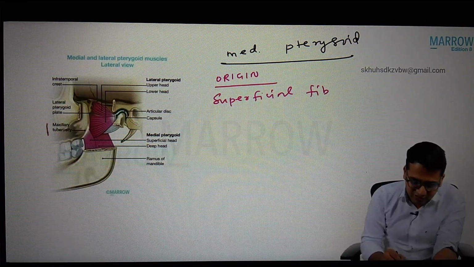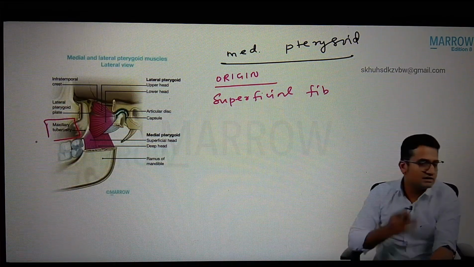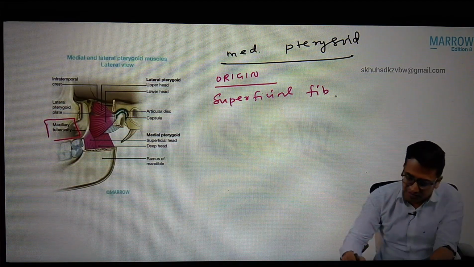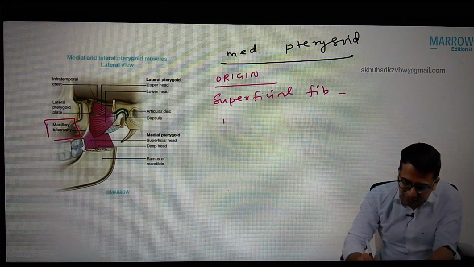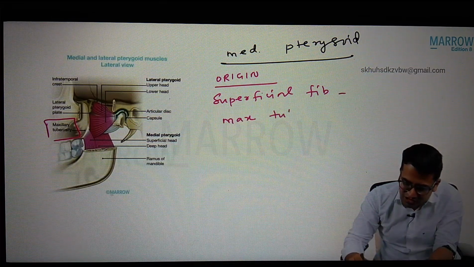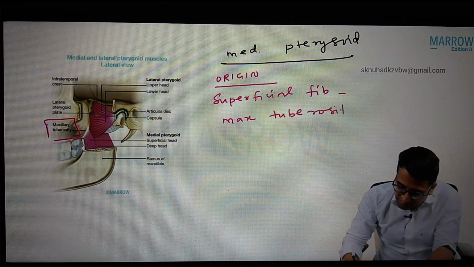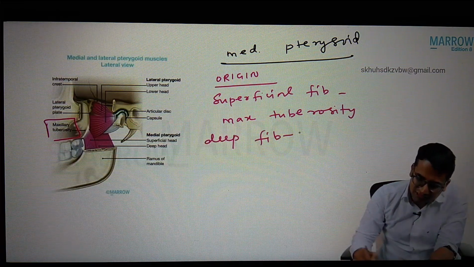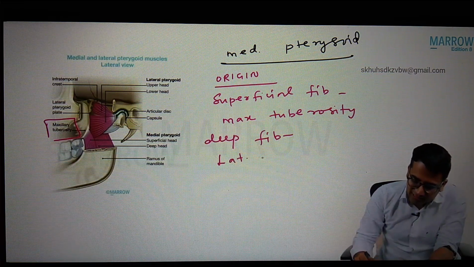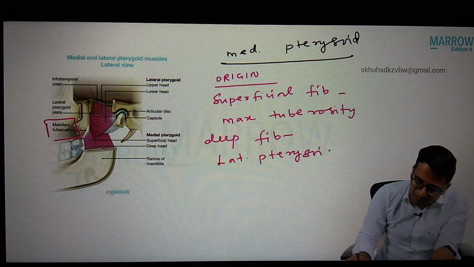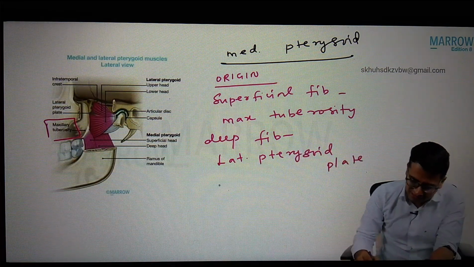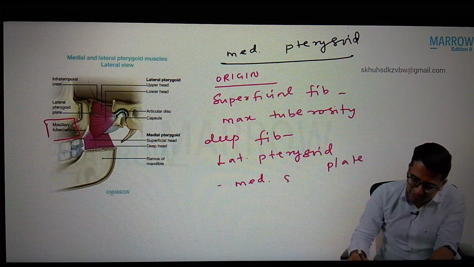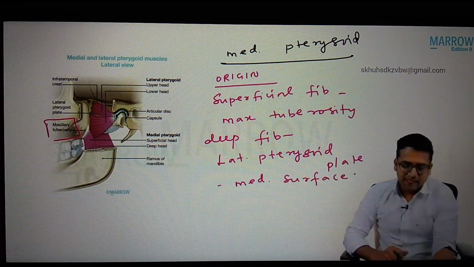They take origin from the tuberosity of the maxilla bone. Okay, and the deep fibers take origin from, again, the lateral pterygoid plate, the medial surface of the lateral pterygoid plate.